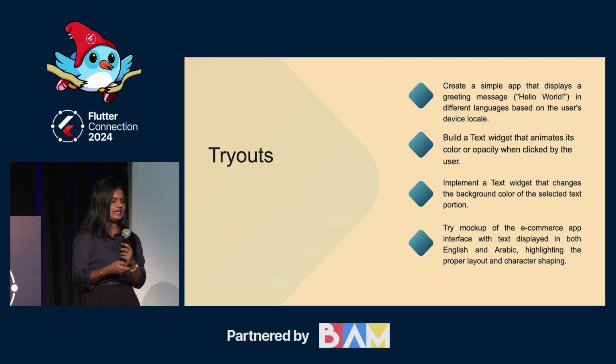For example, try creating a simple app that displays a greeting message in a different language based on the device locale, build a text widget that animates color or opacity when clicked by the user, and implement a text widget that changes the background color of the selected widget.